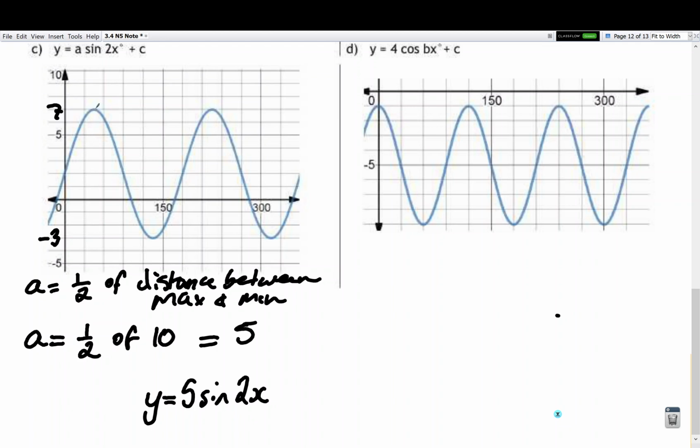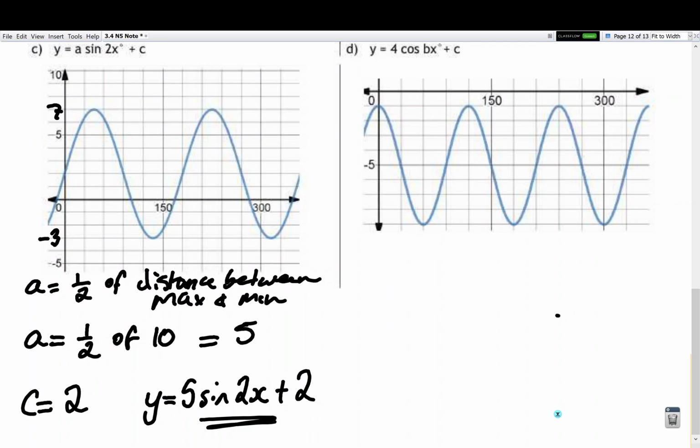Well, we can see that the graph has now a maximum of 7. Therefore, the whole graph must have been shifted up by 2 places. So let's just check that with the minimum as well. If it was 5 sine 2x, it would have a minimum of -5. It's now got a minimum of -3. So that confirms it, that it's been shifted up 2 places. So c, therefore, has to be a value of +2. So the equation of this graph is y equals 5 sine 2x plus 2.